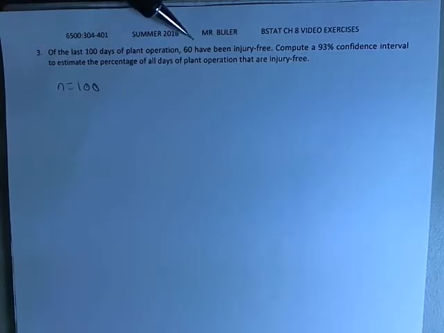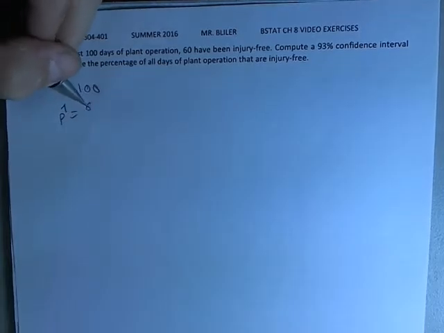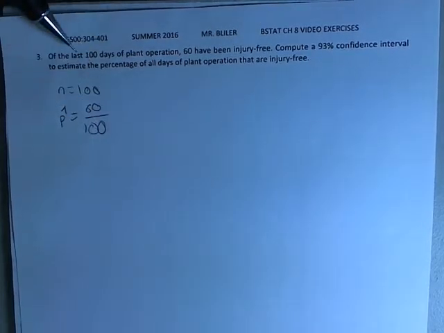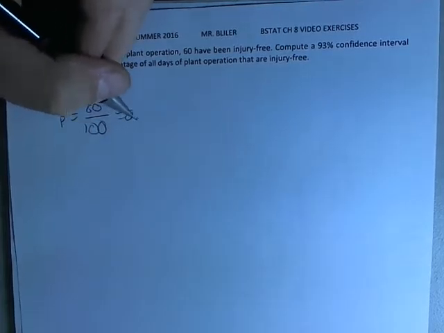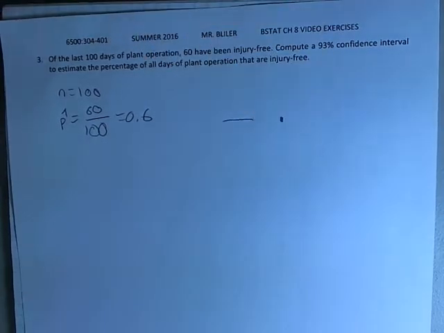So let's think of the success outcome as being that a plant day was injury-free, and that will make our sample proportion equal to 60 successes divided by 100 trials, or 0.6, 60%. So that represents our sample proportion for this problem, and let's go ahead and sketch that out.